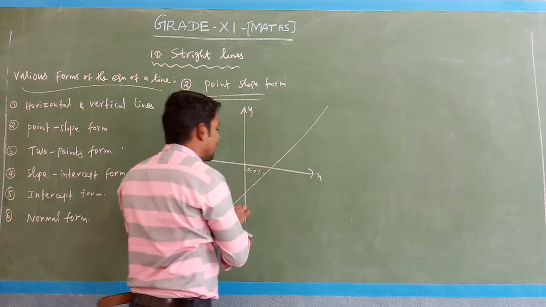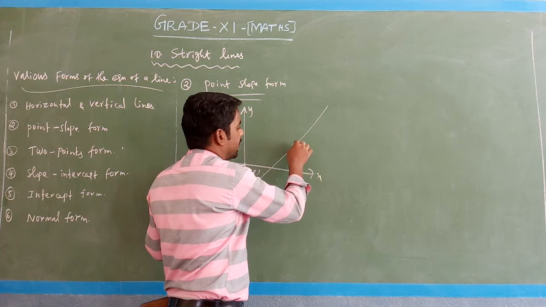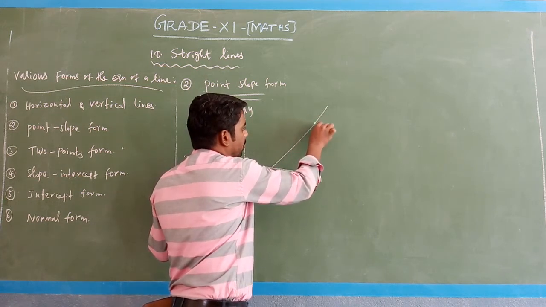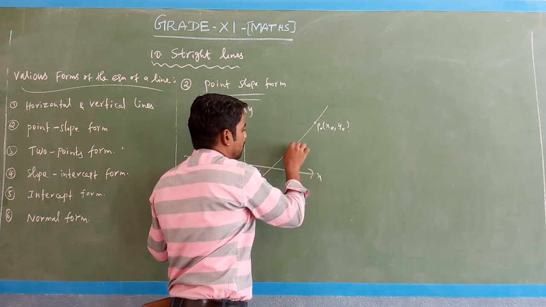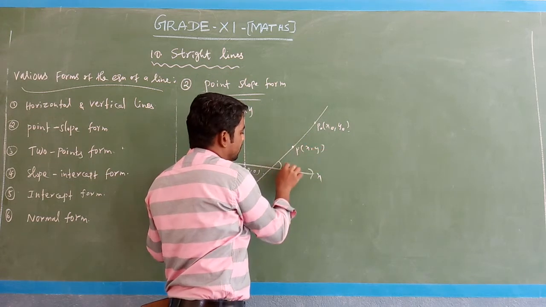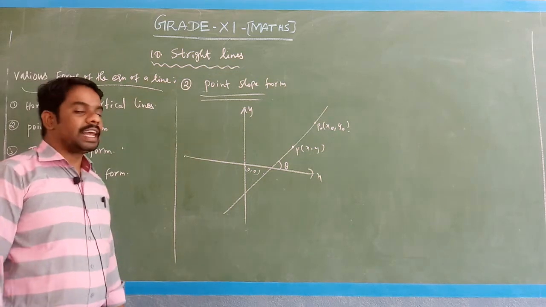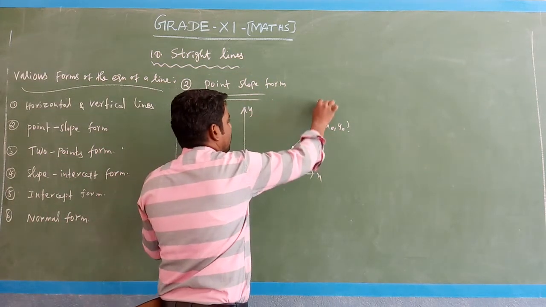Draw the line L. This line passes through P naught of x naught comma y naught, which is a fixed point. P is a parametric point, x comma y, and the angle is theta. The slope of the line is m.